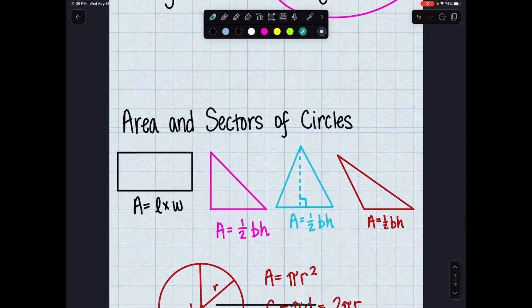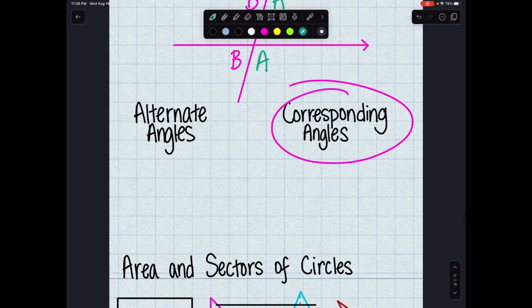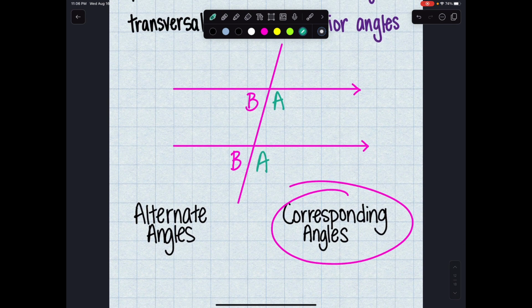So really someone's trying to copy you because they're going to have it exactly the same. And there's some rules to remember. Like if 2 parallel lines are cut by a transversal, then corresponding angles are the same. Okay. If 2 parallel lines are cut by a transversal, then each pair of alternate angles are the same. They're congruent.